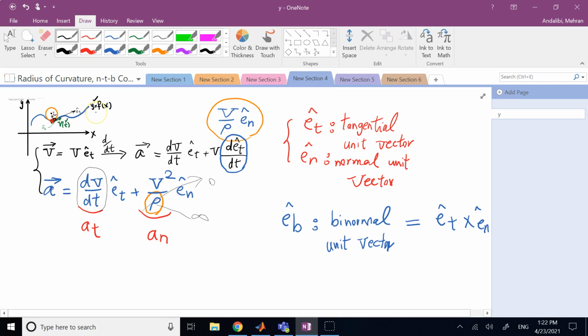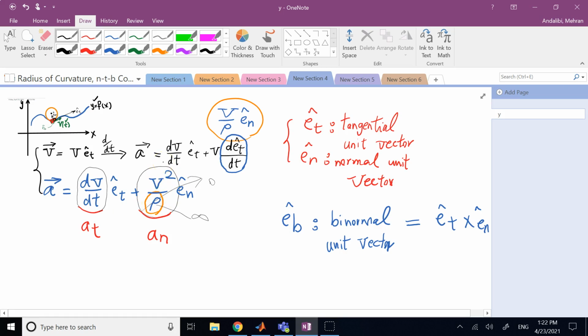But when you are changing the direction of motion, there is a term for acceleration. We call it normal or centripetal, and that is inversely proportional to the radius. In other words, the sharper you turn, which means a smaller rho, the bigger acceleration or the bigger force you need. And probably you experience that, right? If you go around a small traffic circle, you need a lot of force to keep you on track.